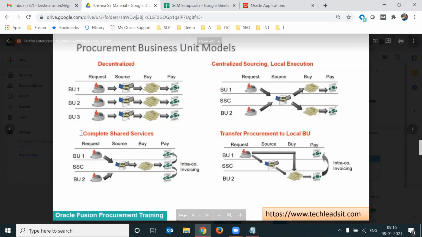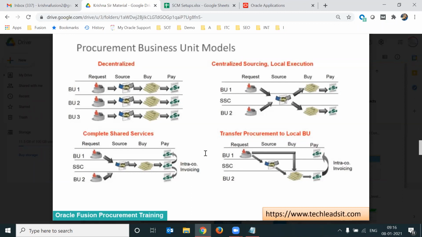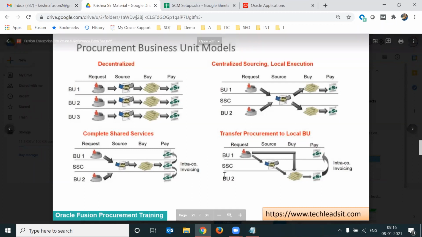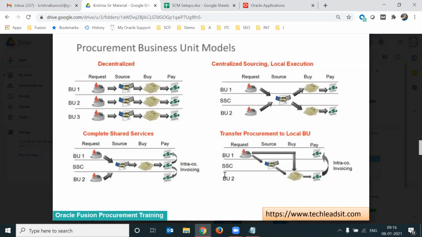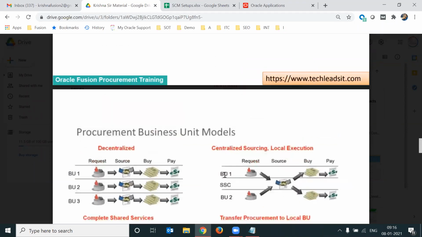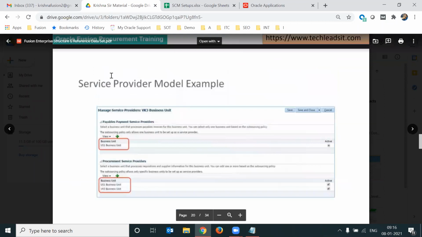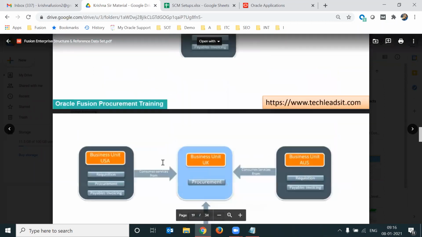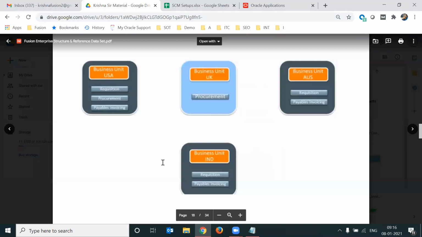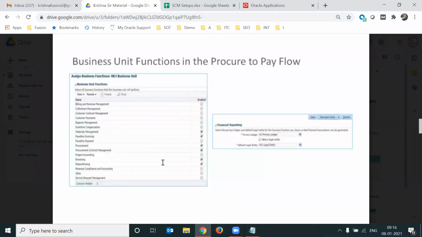Okay, so how do we achieve this complete shared service model? It is because of the business functions concept. What is a business function?